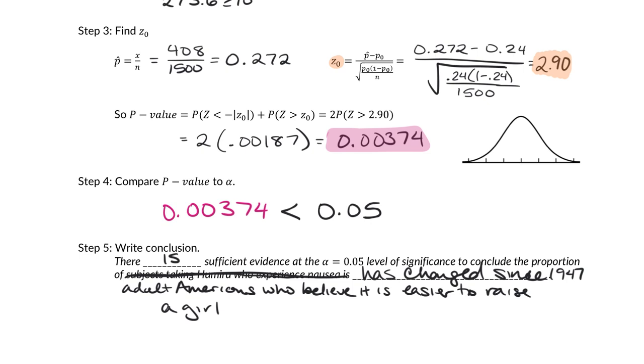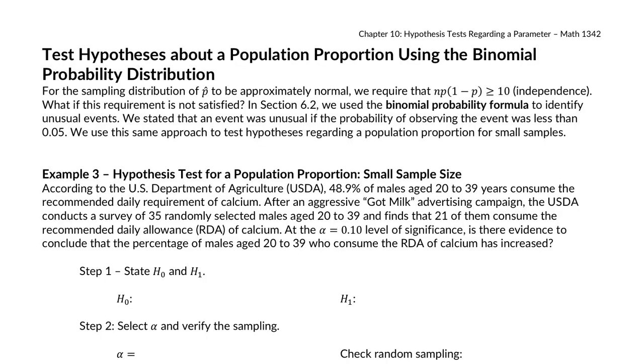Ready for the next one? No. So what happens if the sampling proportion is not big enough? Like, what if our sample size is not big enough? In 6.2, we used what was called the binomial probability formula, and we're going to bring that back to identify these unusual events.